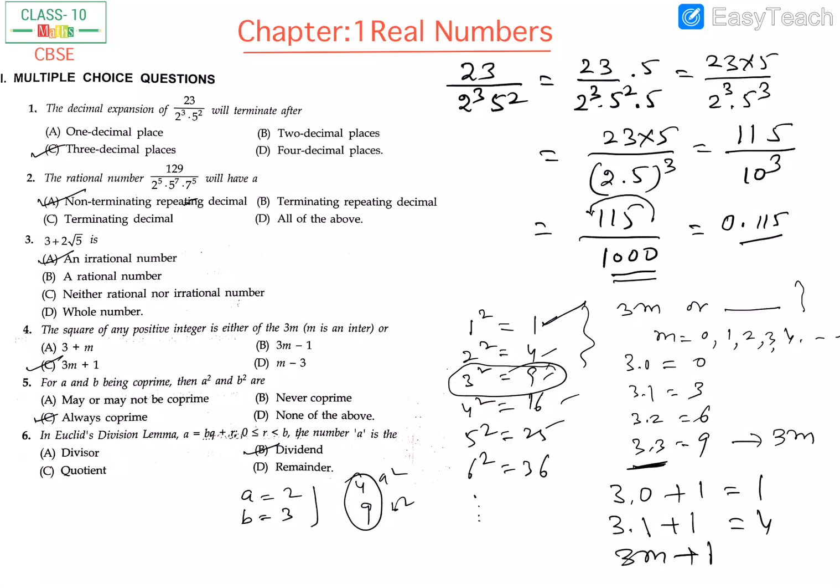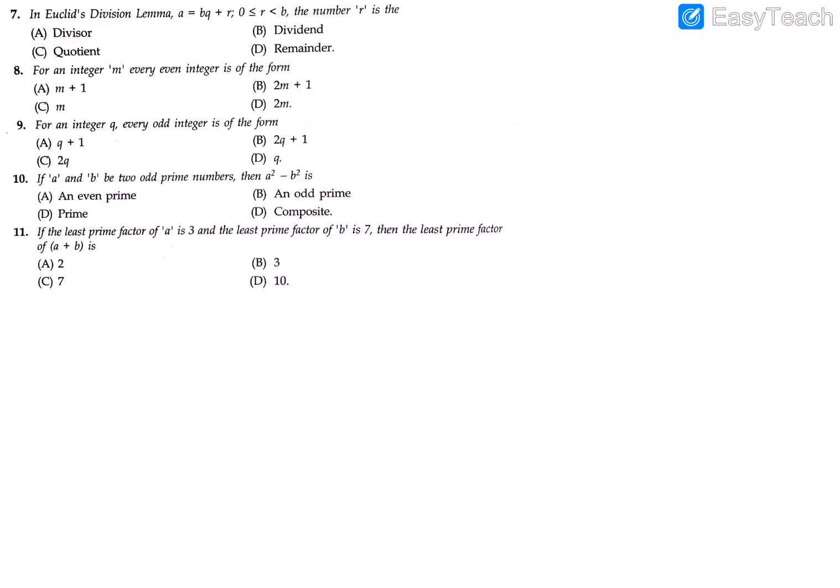Here a is the dividend. Question number 7. In Euclid's division lemma, a is equal to bq plus r, where r is less than b and greater than or equal to 0, the number r is the remainder. So option D is correct.